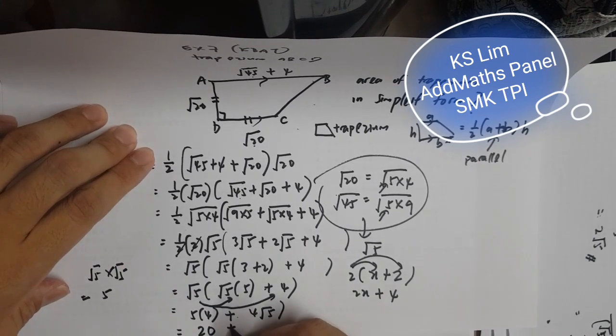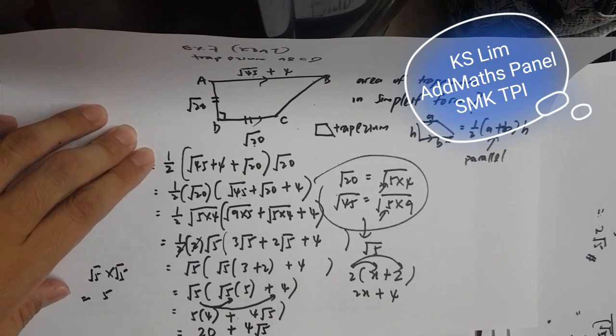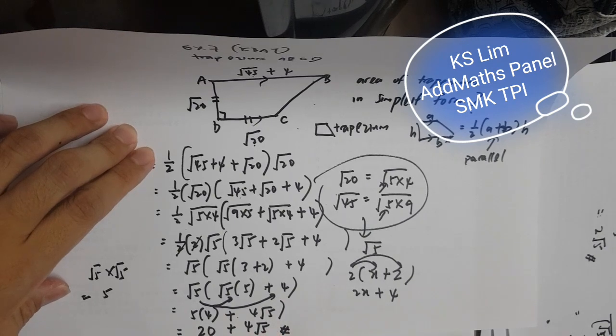And then this one, 4 square root 5. That is your answer.